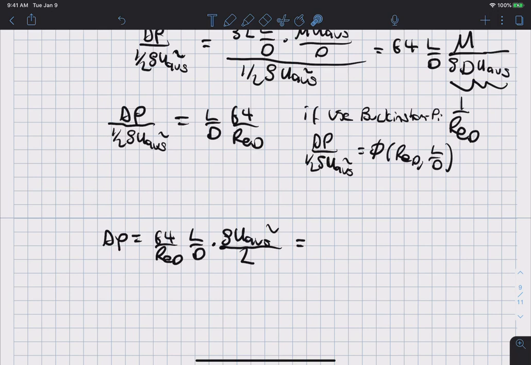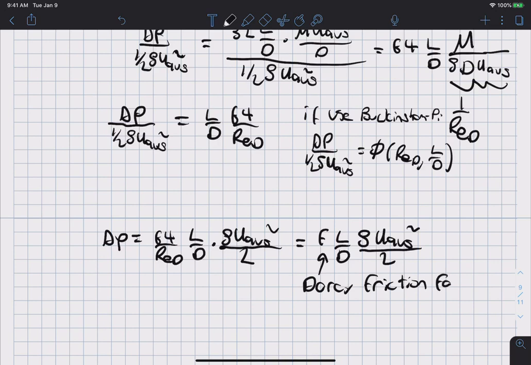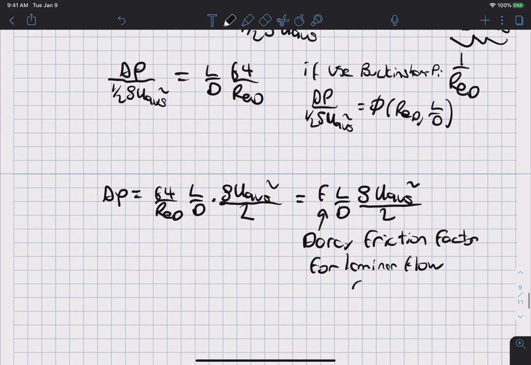We are going to generalize that and call this some F times L over D times rho U averaged squared over 2. And this F is called the Darcy friction factor. And for laminar flow, F equals 64 over Re_D.